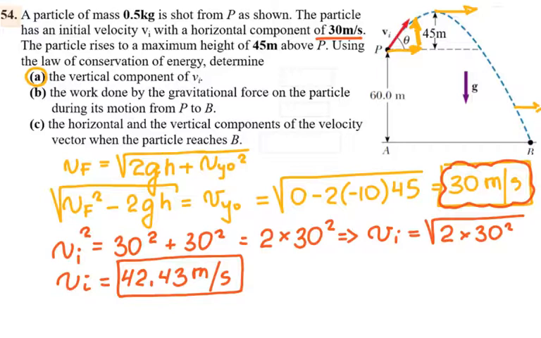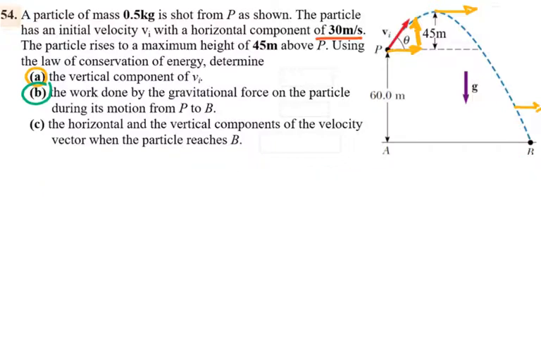And then for the next part, what work is done by the gravitational force on the particle during its motion between point P and B. So between point P and B, the potential energy at P is equal to m, g, and h, where h is 60 meters.